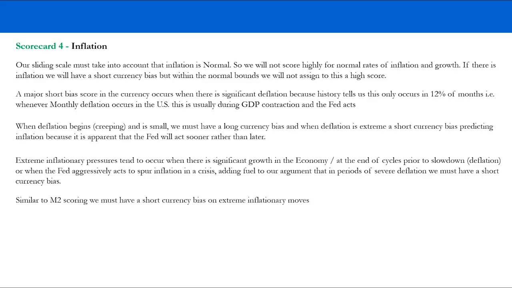This overall again adds fuel to our argument that in periods of severe deflation, we have to have a short currency bias in order to predict the inflationary move. Similar to M2 and also the CPI including food and energy, we have to have a short currency bias on the extreme inflationary moves.